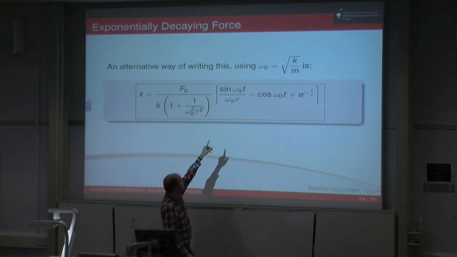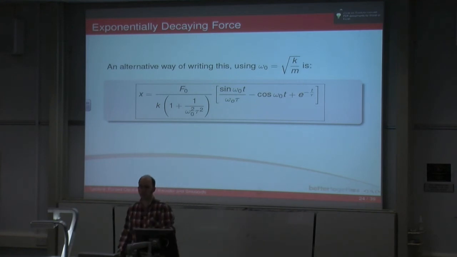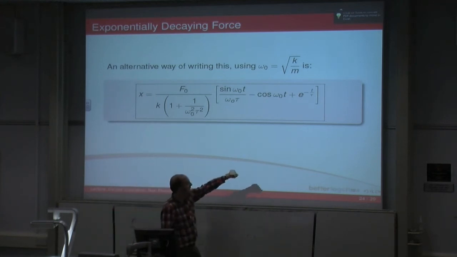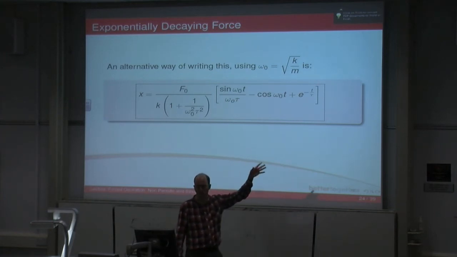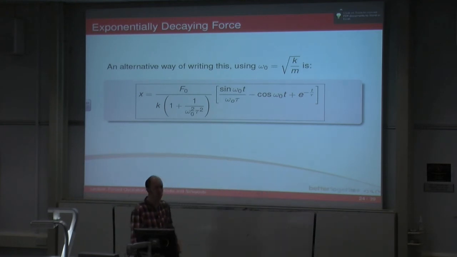The sine omega naught t over omega naught tau, well, again, that tau is on the denominator. As that approaches infinity, that whole term becomes 0. Minus cosine omega naught t plus e times 1 over 0. Sorry, e to the power of 0. Because obviously t upon tau, as tau approaches infinity, becomes 0.